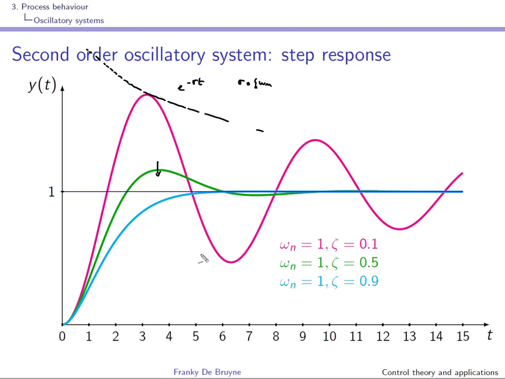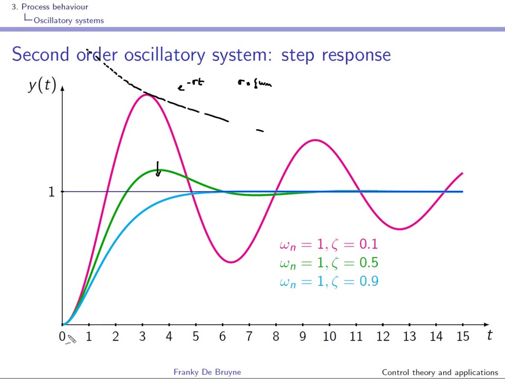You should not be able to draw the step response of this type of system, but you should be able to recognize it. Notice also that when zeta is becoming small, you can recognize the natural frequency of the system and its associated period of 2 pi.